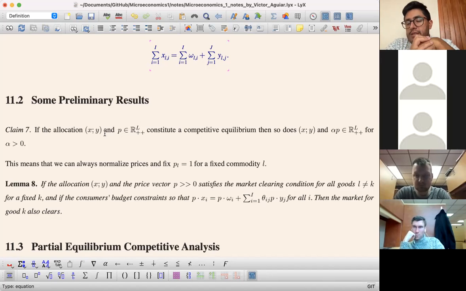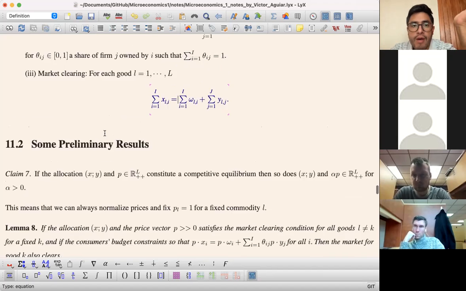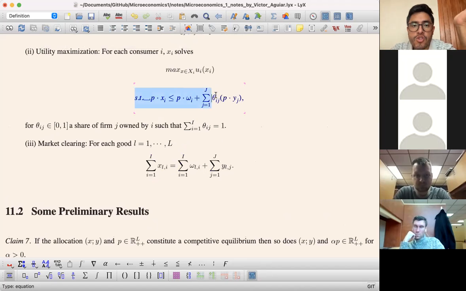So what it means is essentially that if I take a price and scale up all prices by alpha, then this is still the same competitive equilibrium. So if you double every price in the economy, right, this is not going to affect the problem of the consumers. Why? Because of homogeneity of degree 0 of the consumer problem, right? So notice, if you go back here, that crucially, income is endogenous.